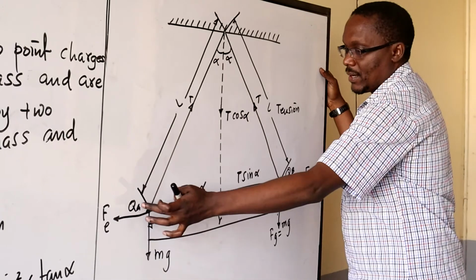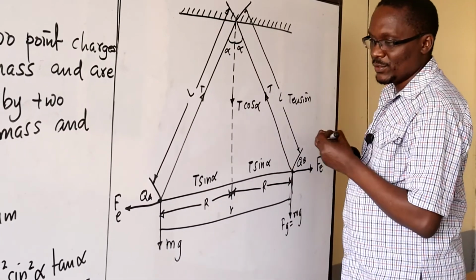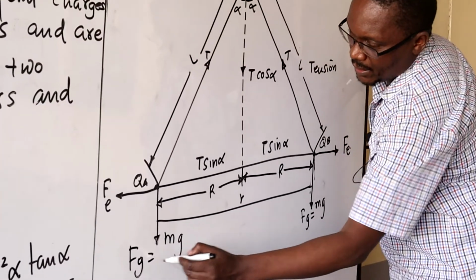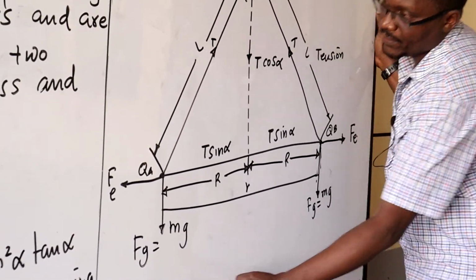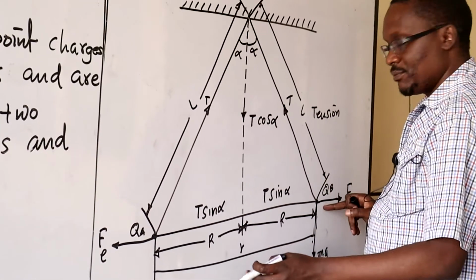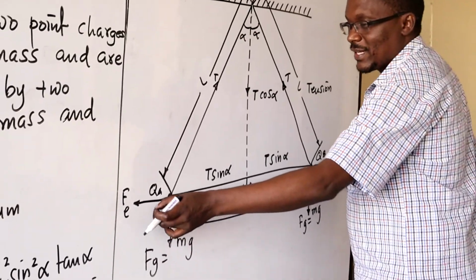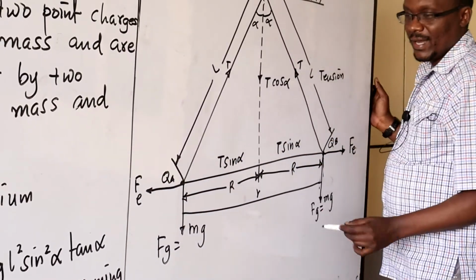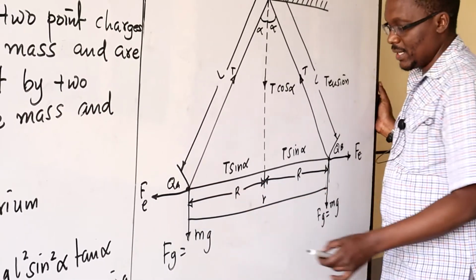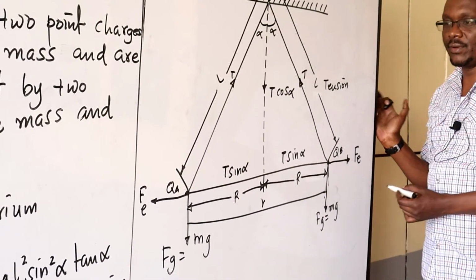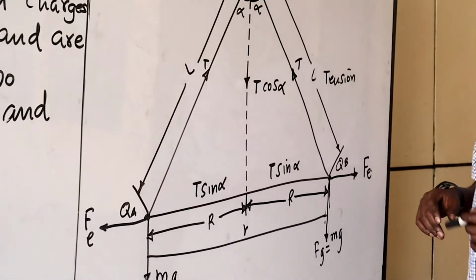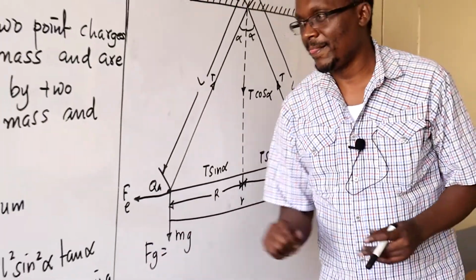Remember, our charges have some mass, and the masses are also causing a gravitational pull or force, Fg, given by mass times gravitational pull.